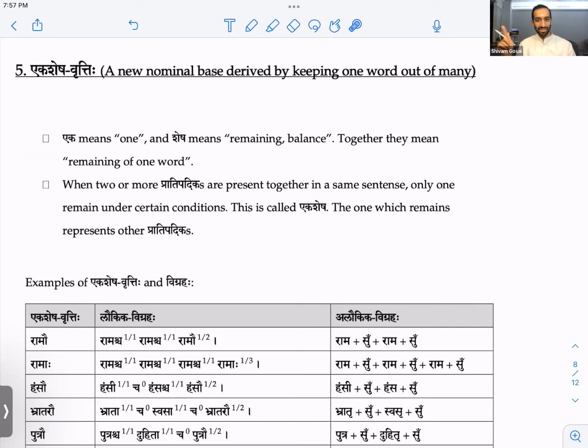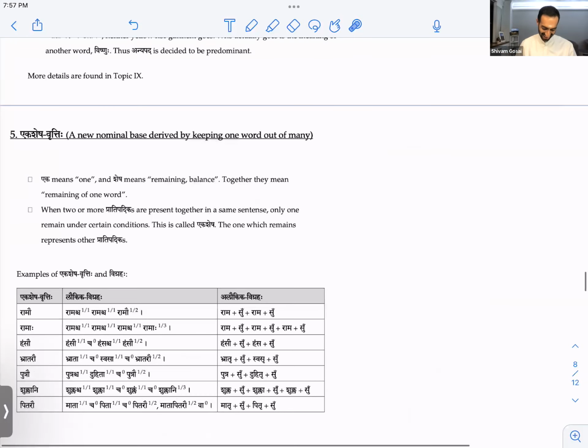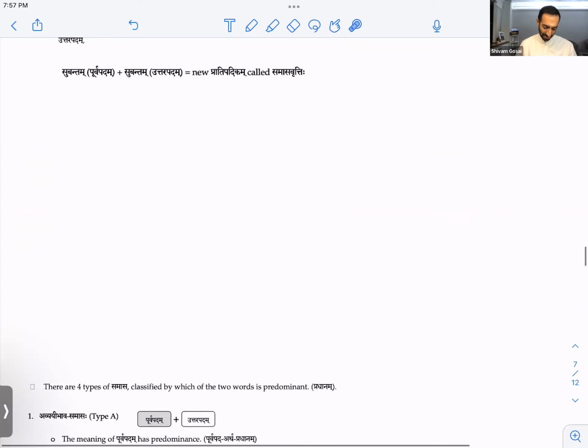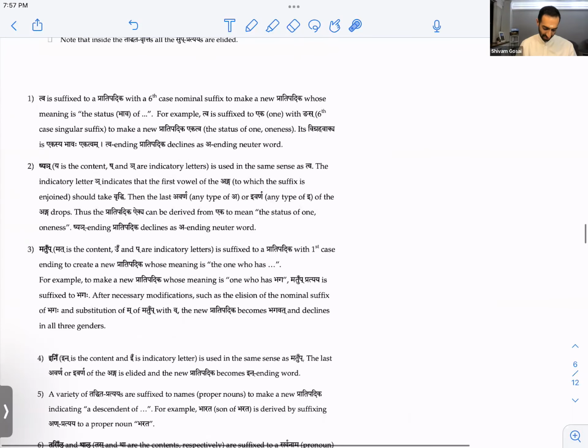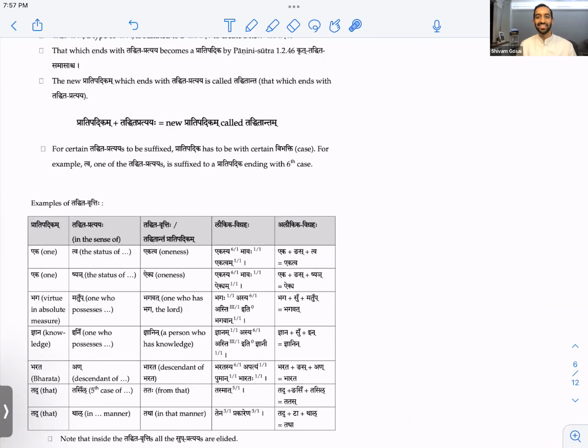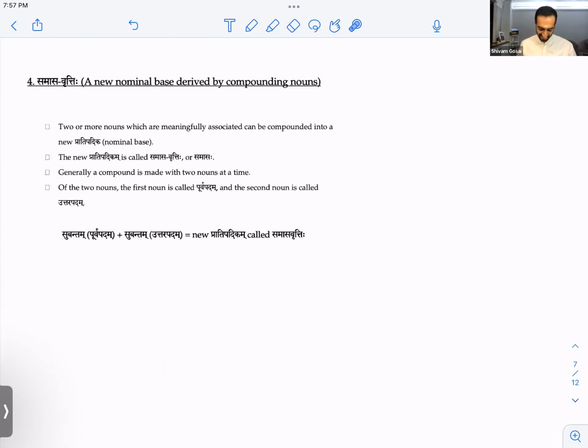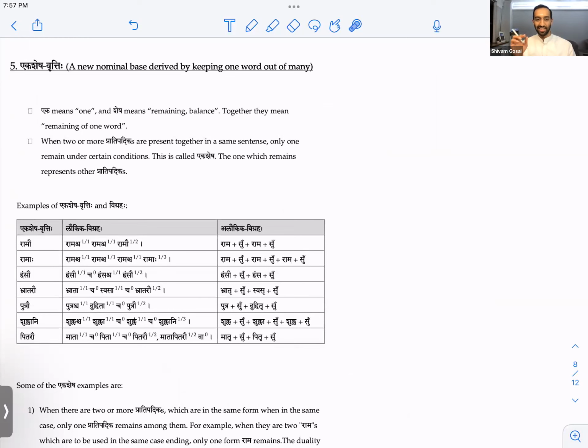Kridantam kritvritti. The third one we saw, I forgot also actually. Samasa was the fourth one. What was the third one? Oh, taddita. Yeah. So this is taddita, and then Samasa vritti, and then Ekashesha vritti.